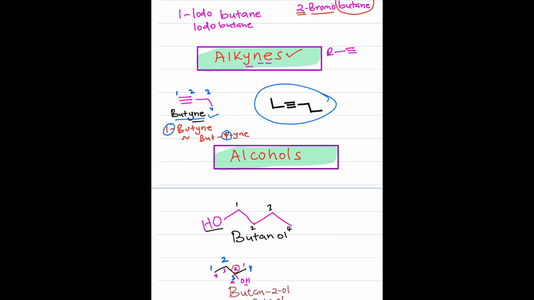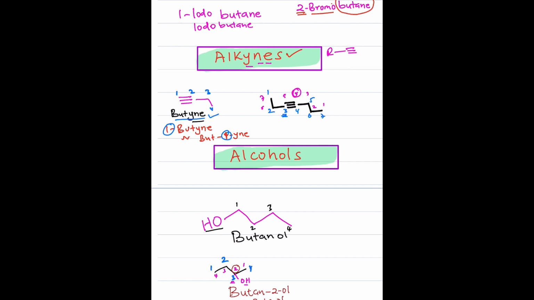But if you look at this next example, the position of the triple bond is not on carbon number 1, and therefore we have to show the position in the name. Now, if you count from the left, it will be 1, 2, 3, 4, 5, 6, and 7. But if we count from the right, it will be 1, 2, 3, 4, 5, 6, and 7. So we see from the right, the triple bond will be on carbon number 4, but counting from the left, it will be on position number 3.